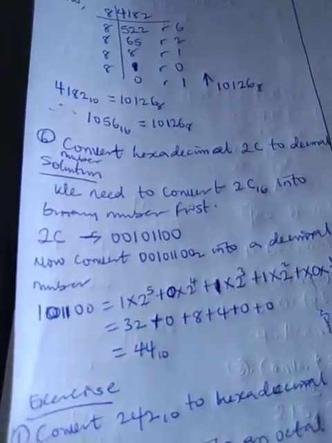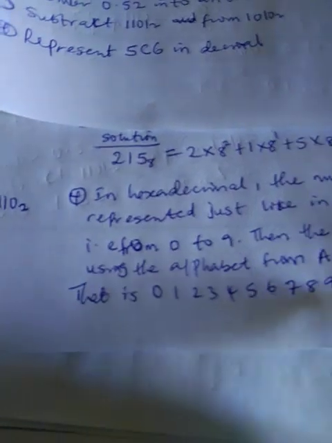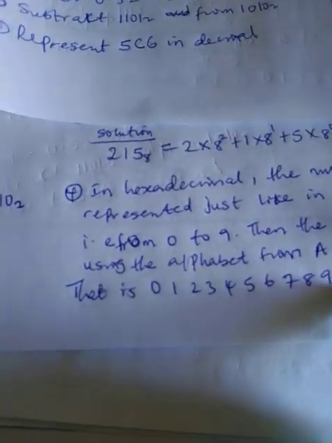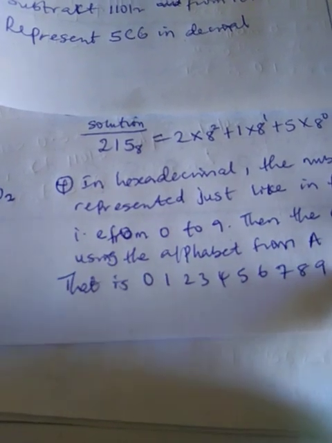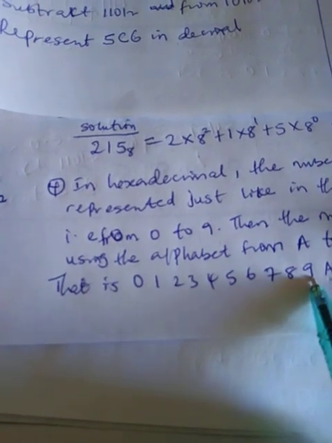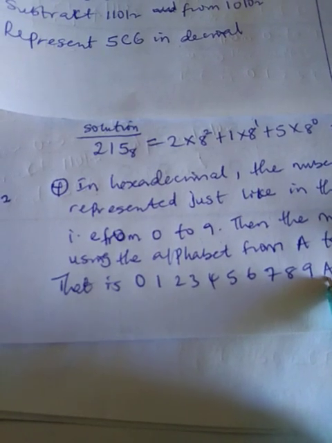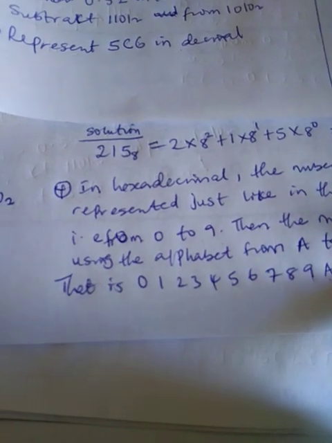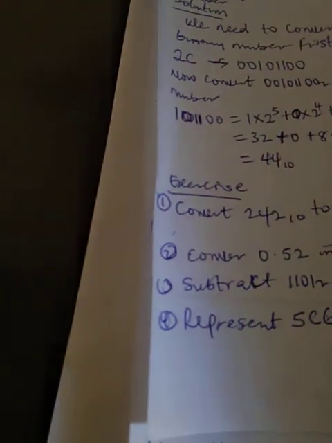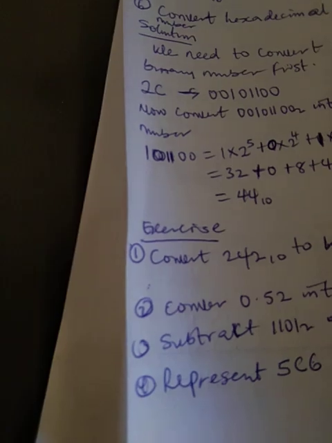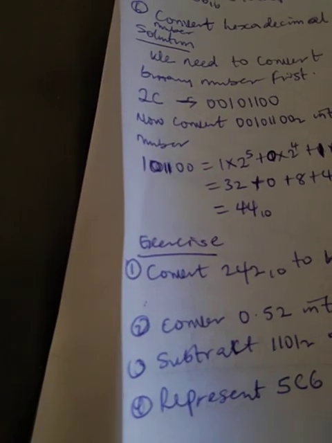And to do that, 2C, just think of it, the other side, you have A, B, C. That is, after 9, you have A, B, C. So what do you think you have after 9? 10, 11, 12. All right.